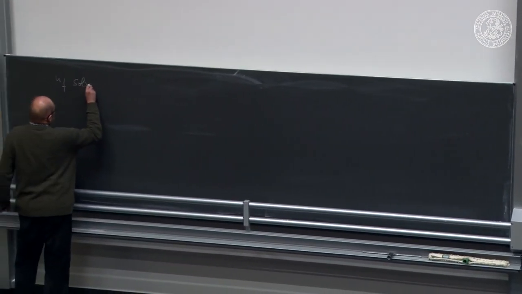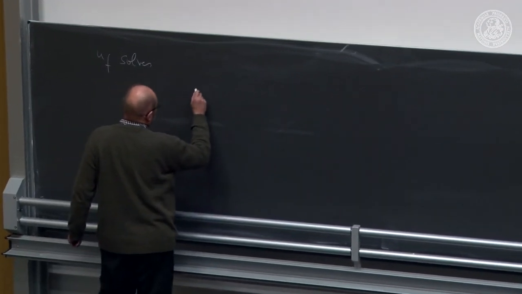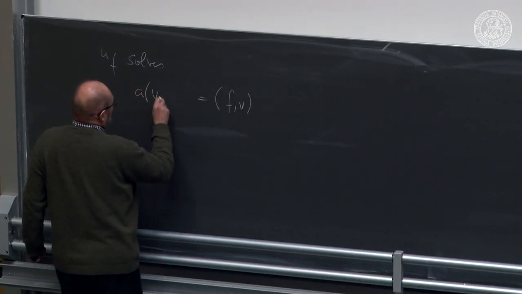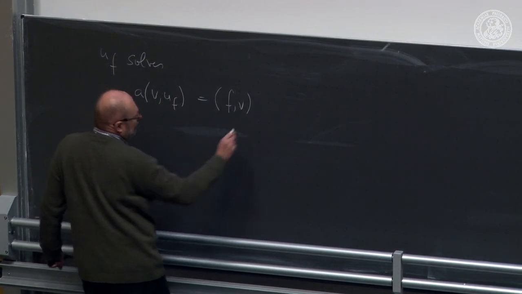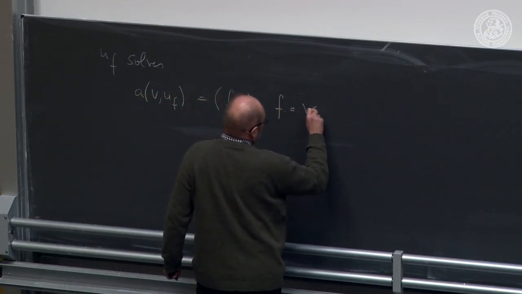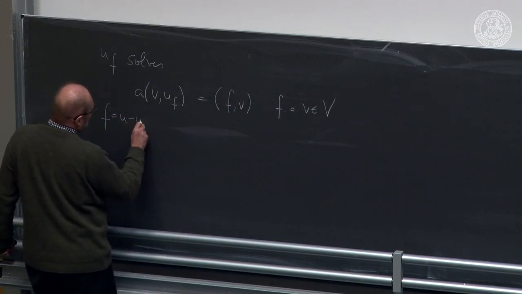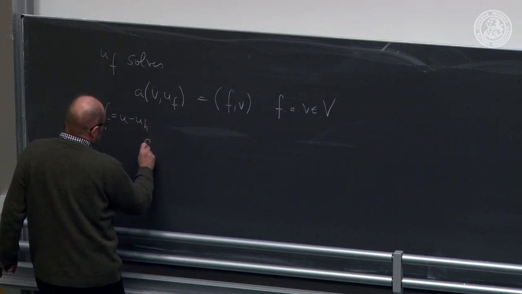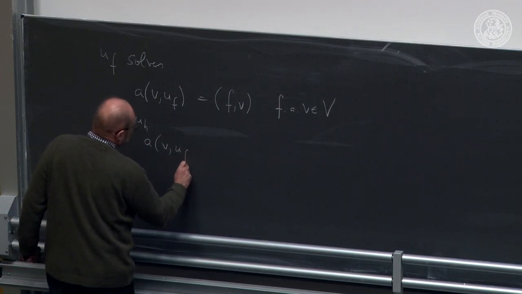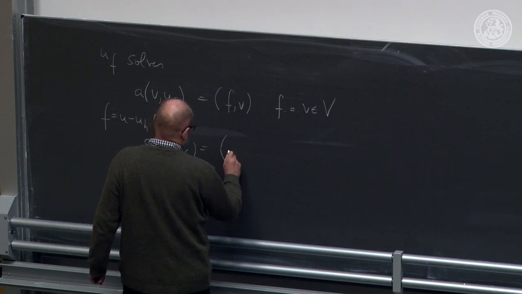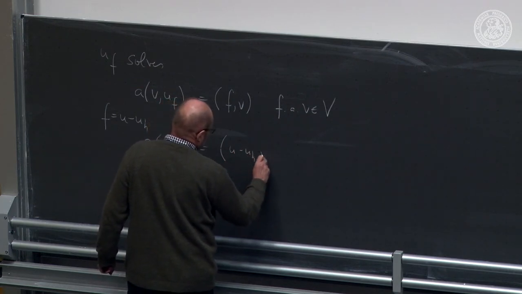Okay, what is the situation for the adjoint problem? uF solves, what is it? On the right-hand side, F(v), and here, a(v, uF), for all v. So now we said F is u minus uh. So we have a(v, uF) equals (u minus uh, v).